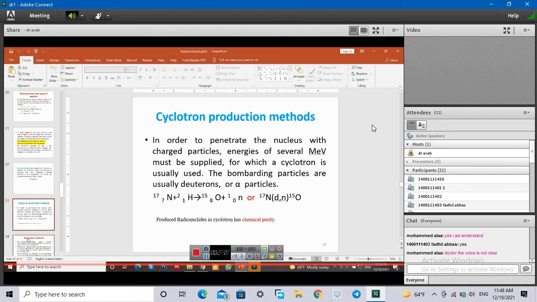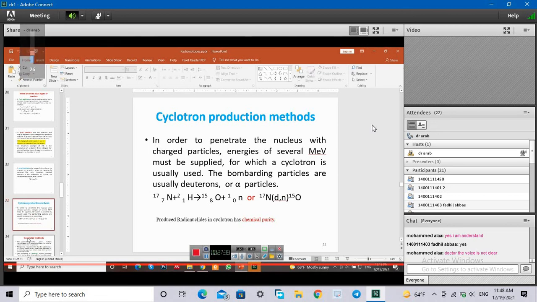This is the first difference between cyclotron and reactor reactions. As you see, the charged particles usually used in a cyclotron are proton and alpha particles, and as you can see, when nitrogen in a stable state is bombarded with an alpha particle or with a proton, it can produce an oxygen radionuclide.